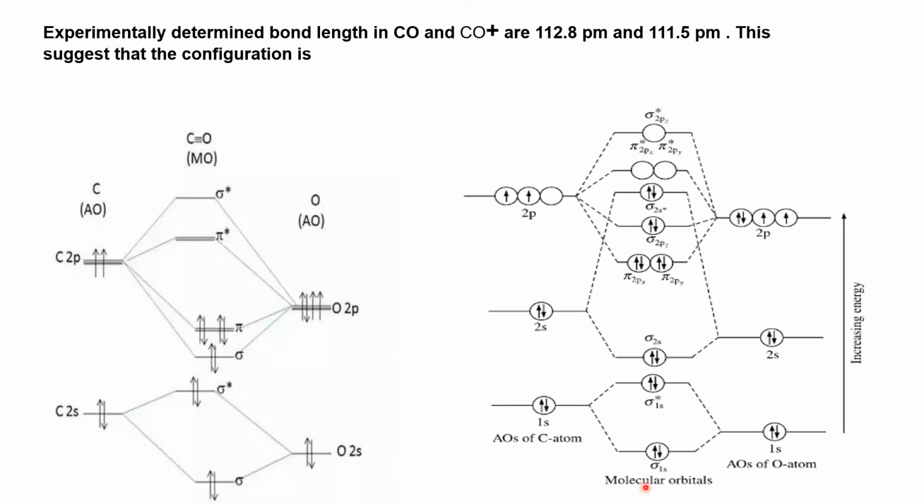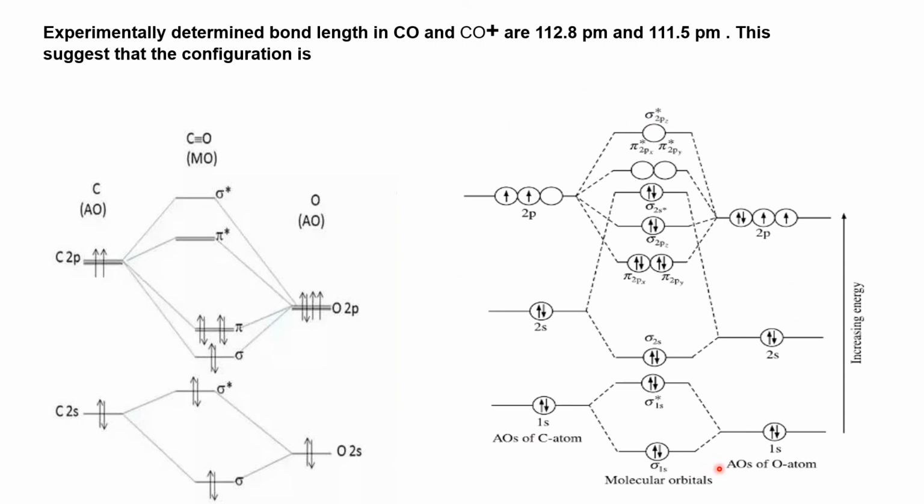See here, this is sigma 1s, this is sigma star 1s. This is sigma 2s. And the antibonding sigma 2s orbital is having higher energy than the corresponding sigma 2pz. So the MO configuration of carbon monoxide is totally changed.